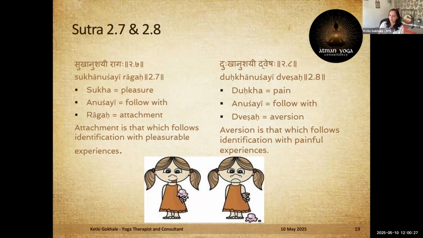And then dvesha, the aversion, toward whatever I feel pain from. Aversion is that which follows identification with painful experiences. So if I don't like a particular person because he has hurt me in the past, I have a strong dislike, aversion towards that person, thing, or situation.